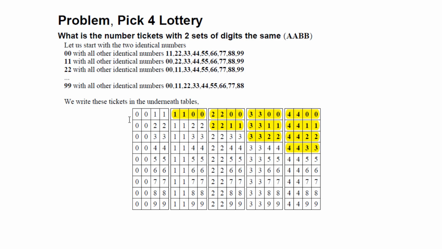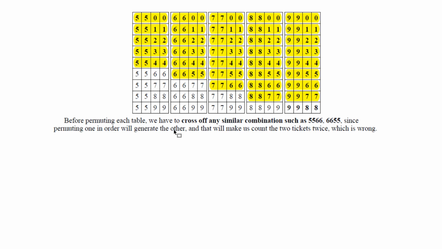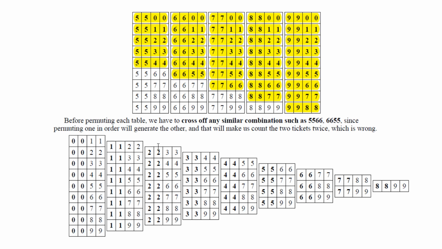and before we permute anything we have to eliminate any similar combination, otherwise we are going to count the ticket more than once. So we continue until the end and we cross off all these highlighted tickets. We cross it off and we end up with this set of tables.